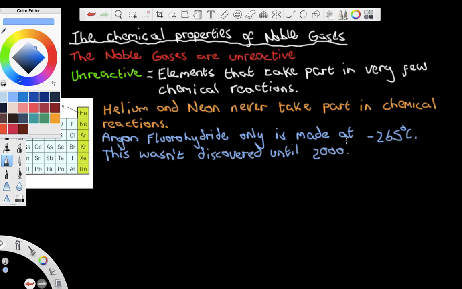Now, krypton reacts with the most reactive element, fluorine. Remember, fluorine is found in group 7, to make krypton difluoride.